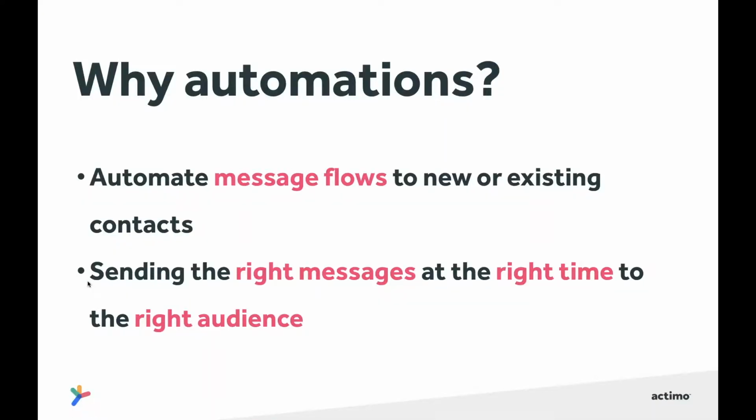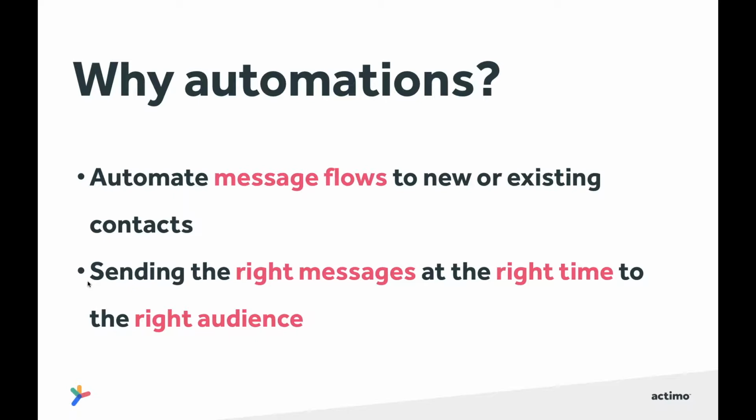So why automations in Actimo? Automations is where you can automate message flows to new or existing contacts, and that could also be groups, in fact. Basically, you use automations when you'd like to send the right messages at the right time to the right audience.